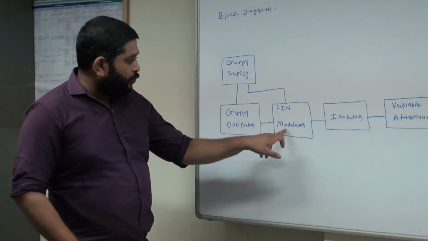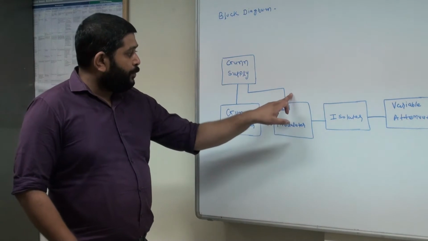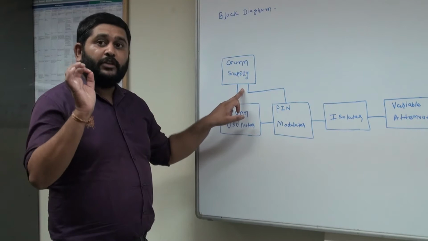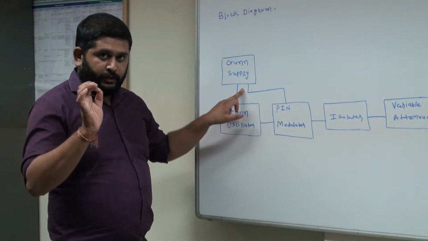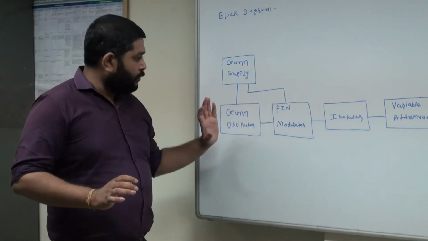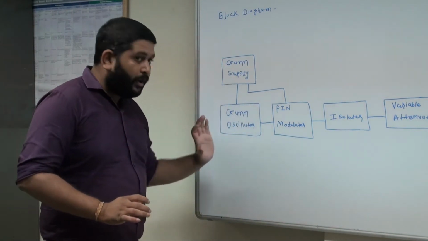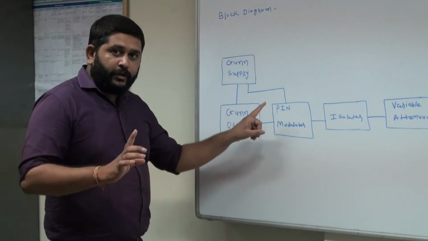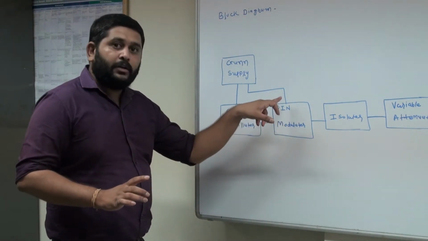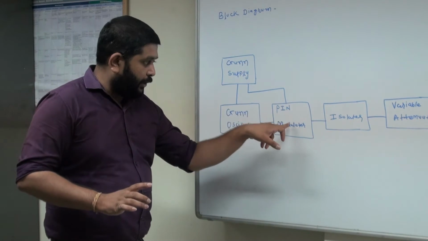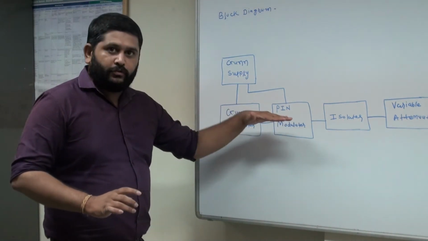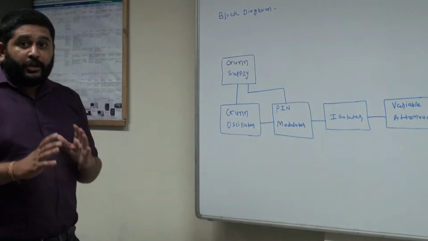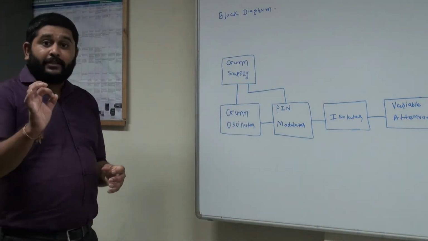And the second block is the pin modulator. The input of the pin modulator is a square wave, and that square wave has a 1 kHz frequency. The inputs of the pin modulator are the continuous wave generated from the gun power supply, and a 1 kHz square wave as a carrier signal, and then it produces the modulated output, and that modulated output is in the X band.